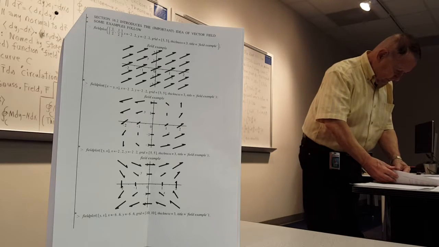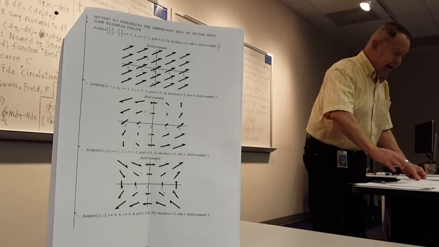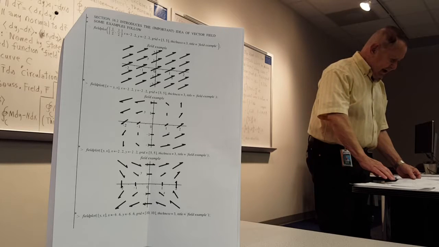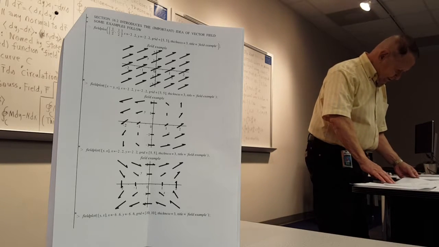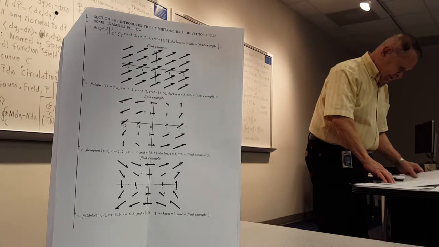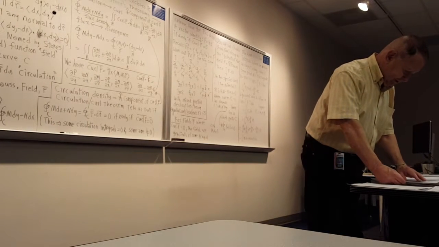So I've used Maple to try and show you how you can actually graph a field. These first 3 pages are fields in the plane, but you can also do fields in 3 dimensions.